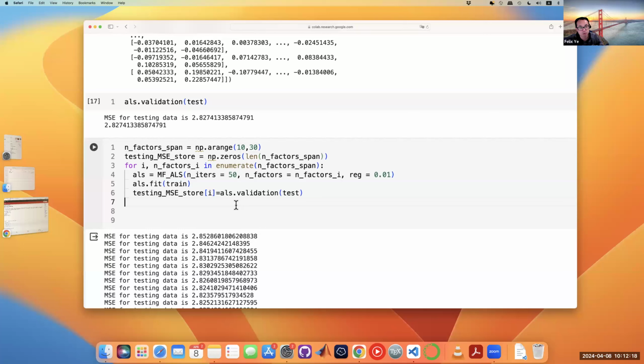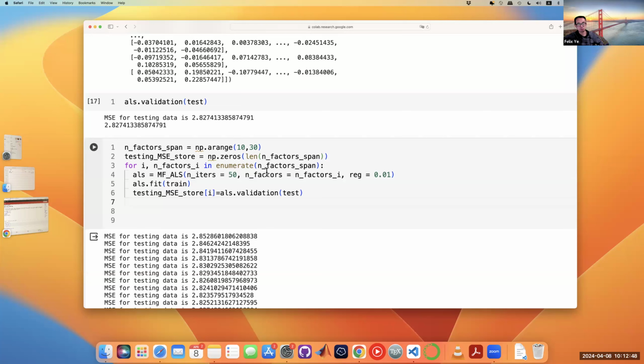What you can do is use cross validation to find out the best K. Here I'm treating this testing data as our validation data set. We're going to use it to do a grid search to find the best K. Say K ranges from 10 to 29, basically around 20.